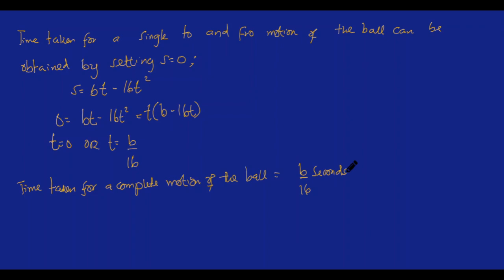Since that has been established, let the initial velocity of the first bounce be b1, which is equal to b.